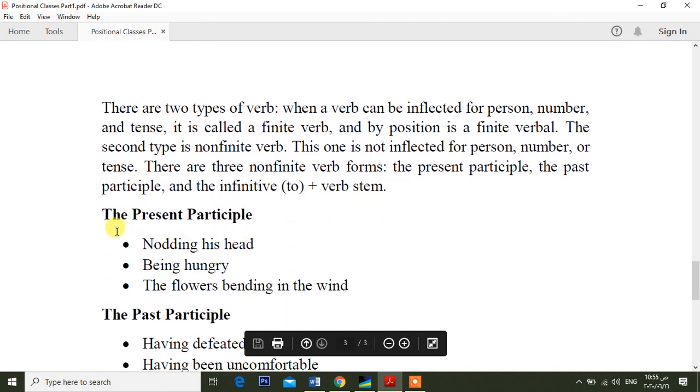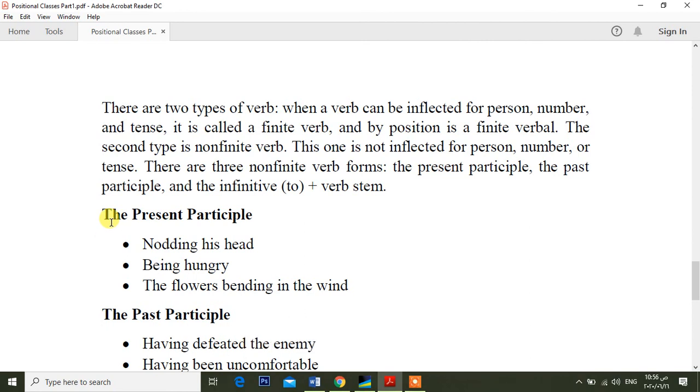Let's take examples. The first one is about the present participle. Nodding his head. Nodding means to move your head up and down. Here, nodding is a present participle.